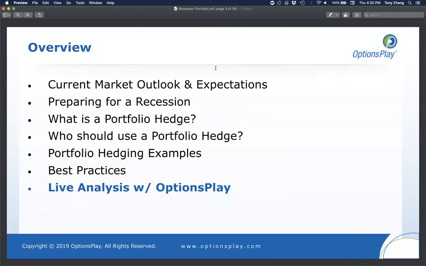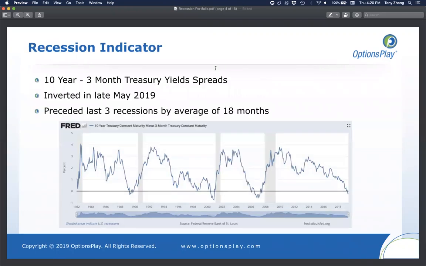So first, what I want to talk about is what do we look at to try to predict market recessions? One of the indicators that has worked quite well historically is looking at the spread between the 10-year and 3-month treasury yields.